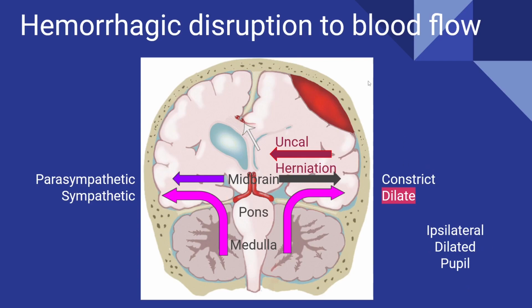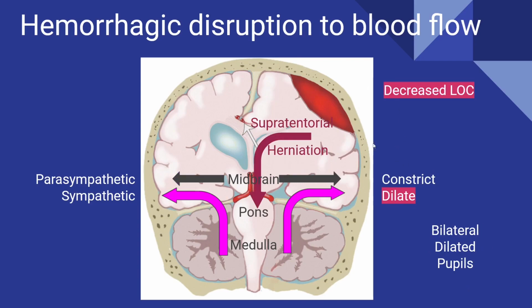And then as this bleed gets worse, we call it supratentorial herniation. This little plate in between the top portion of your brain and your cerebellum is known as the tentorium. So when we have supratentorial herniation, that's pushing both of these parasympathetic nerves, we'll have bilaterally dilated pupils, which is very dangerous.